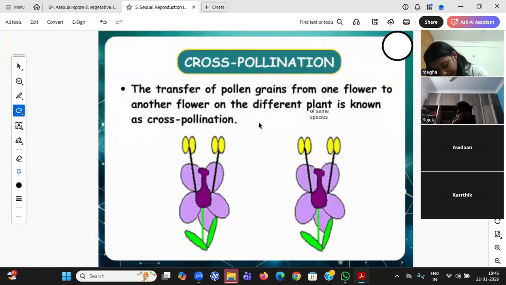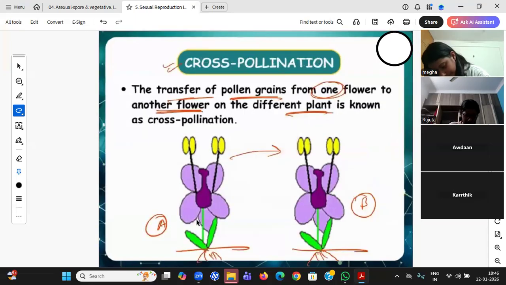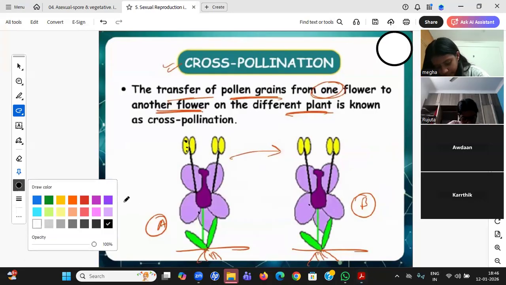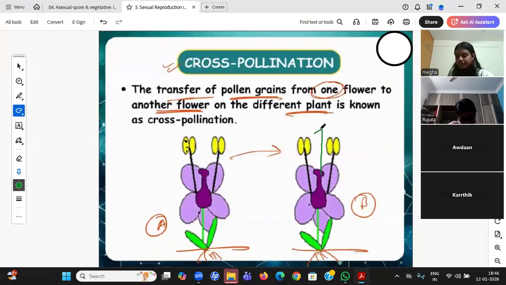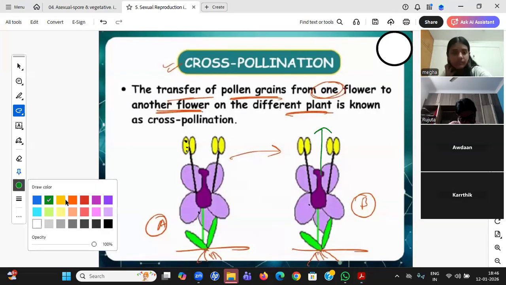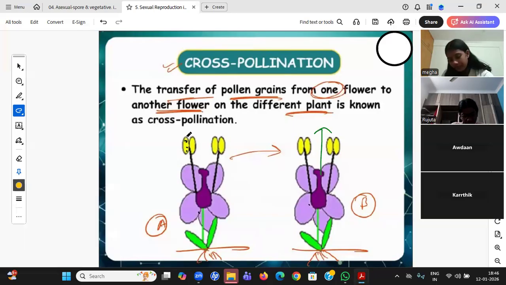Then what is cross-pollination, sir? Obviously, students, there are two plants. Suppose here there is a male, and here there is a female part. There might be some situation that these pollen grains, in spite of going here, might go also to the other plant's female part.